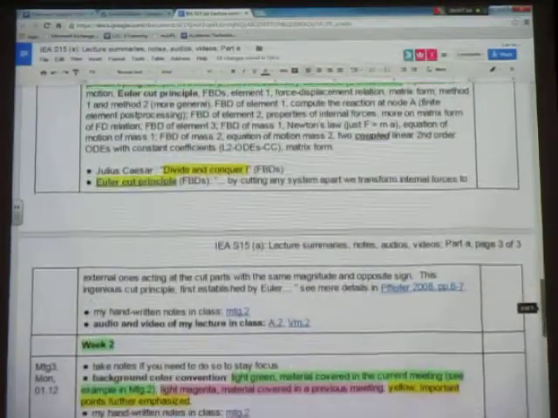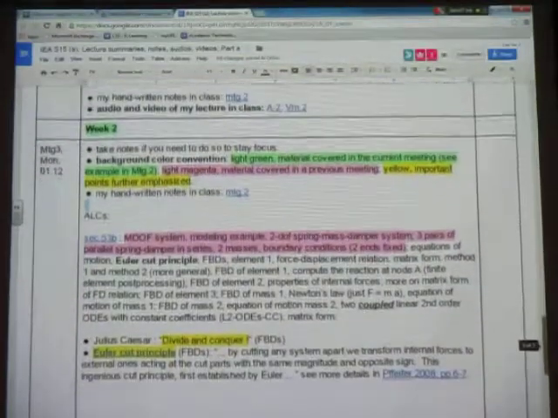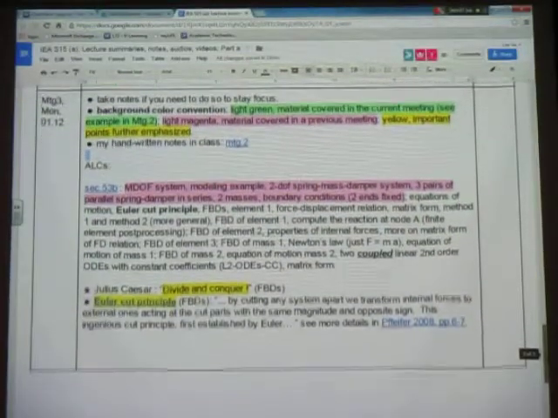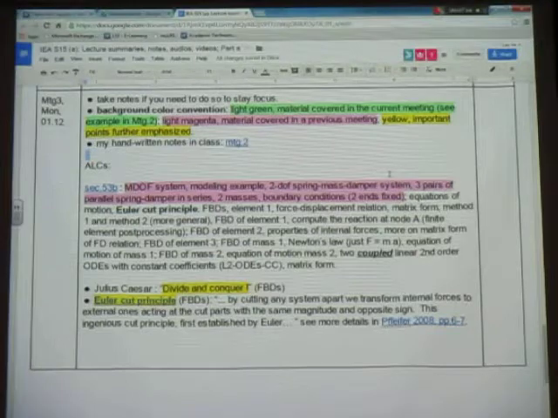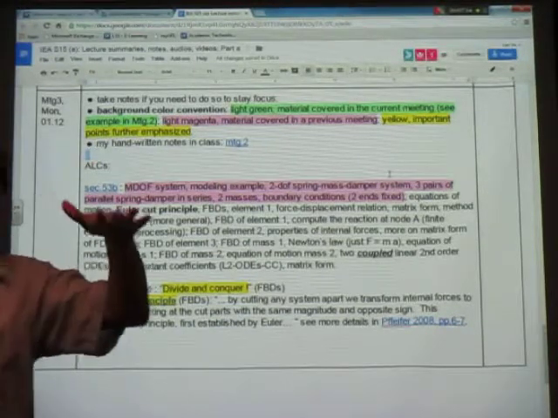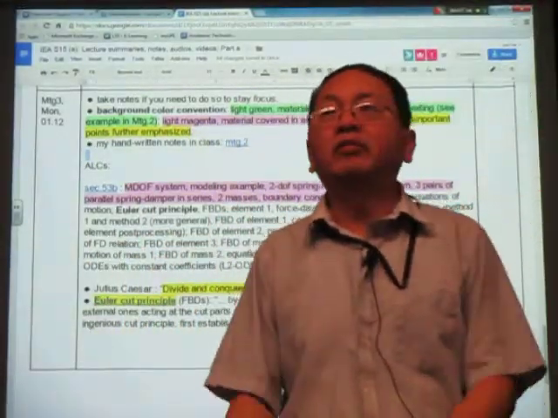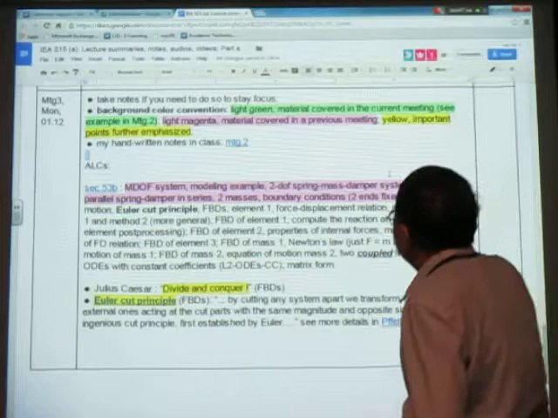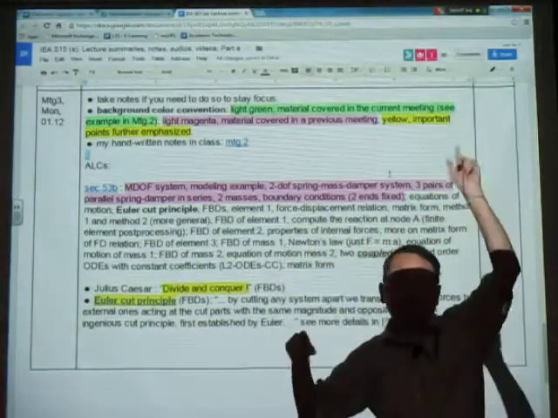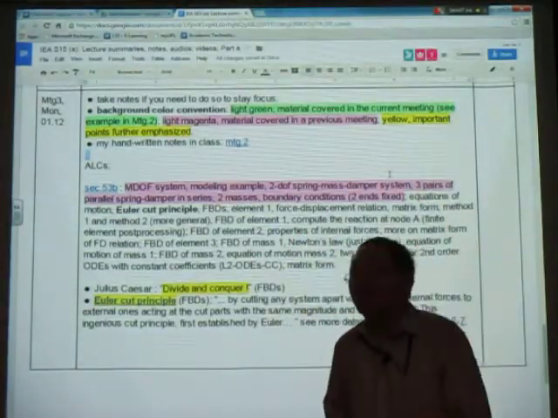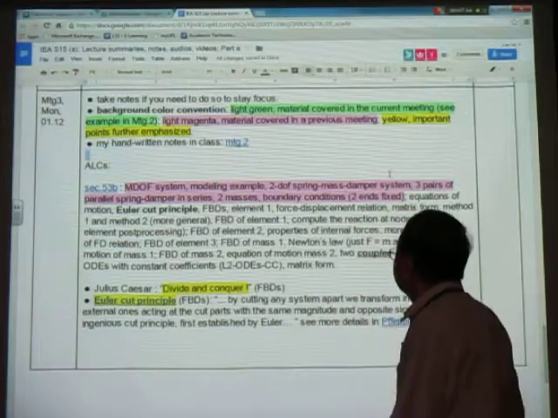I have reproduced it down here. Basically, the green color is what I covered during the current lecture. So at the end of the lecture, I would change the background to green. And the magenta would be what I had covered in the previous lecture. So that way you can follow the progress.